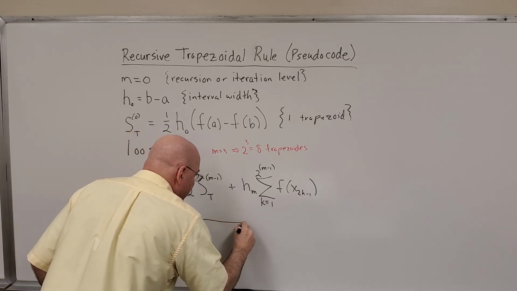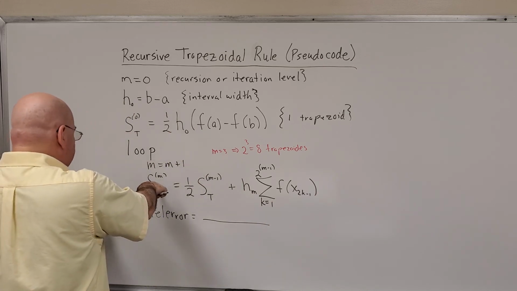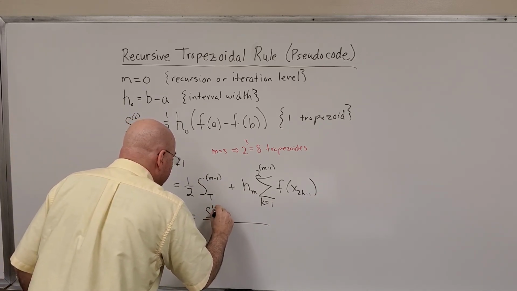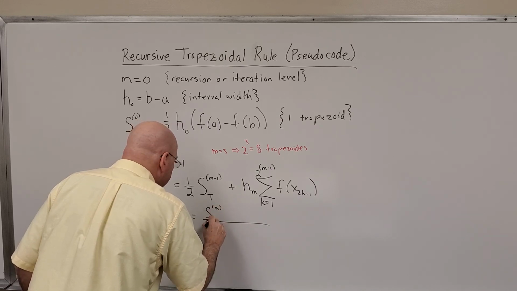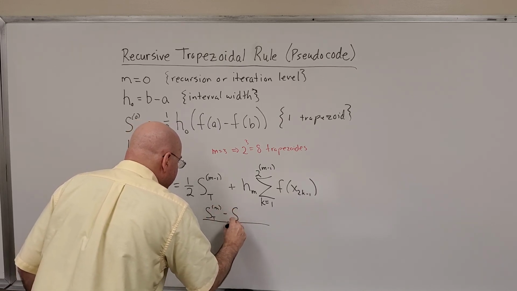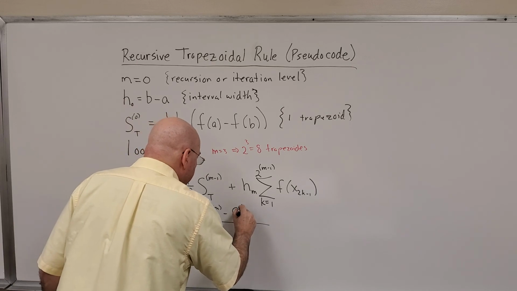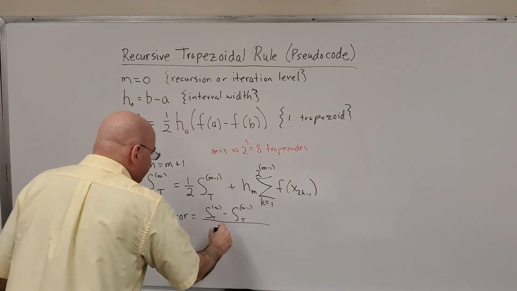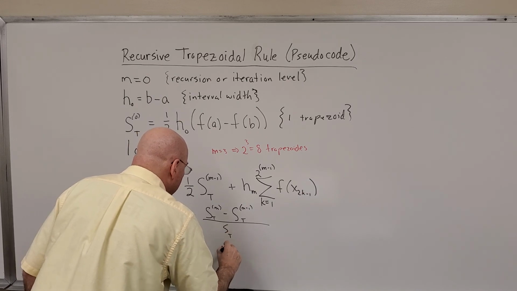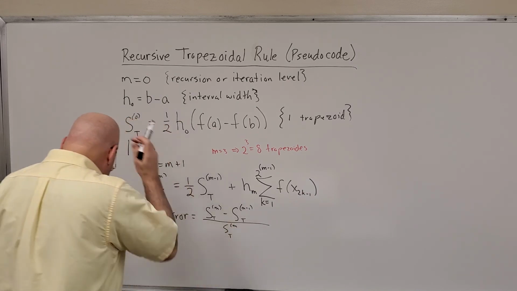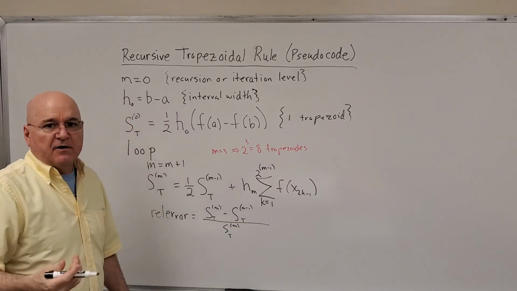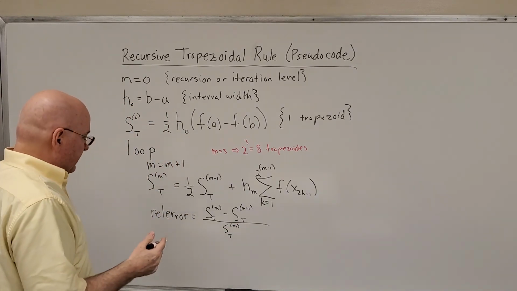Relative error is a big fraction where we're going to get this term on top minus the previous one, s m minus 1, t, and then you divide it by, as usual, that. And I'm going to put absolute values around it because it's an absolute relative error.